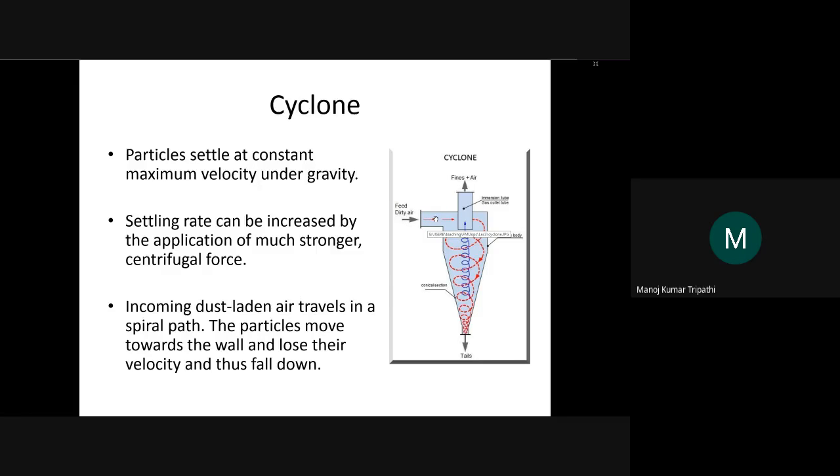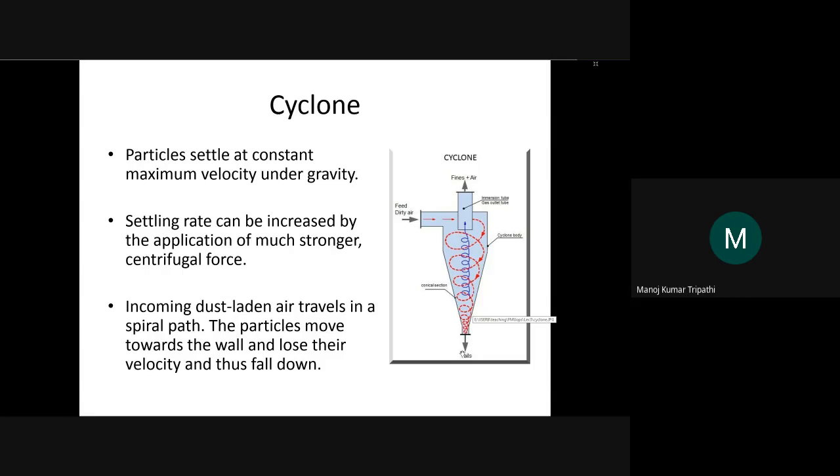If you see the top view of this, it will be slightly off-centered, so that when it enters this section, it rotates like this. And because of its weight, it goes down. The red line shown here is the trajectory of particles, because they are heavier than the gas or the fluid in which they go down like this.